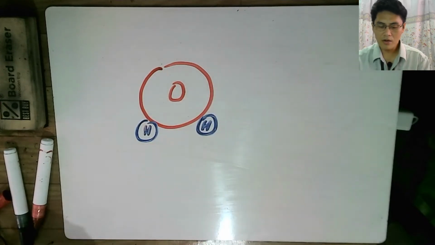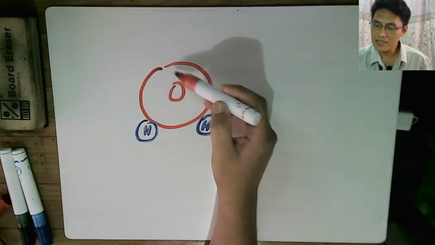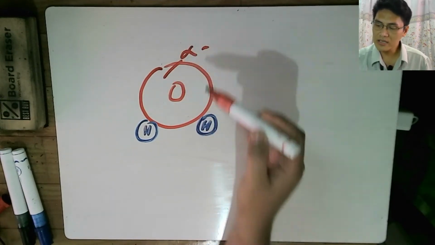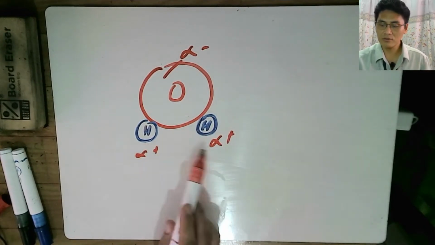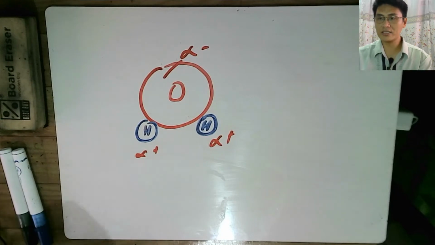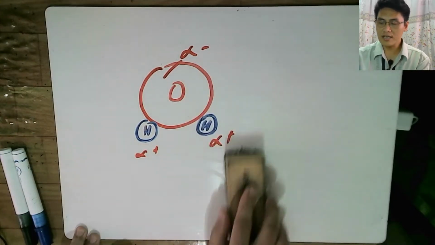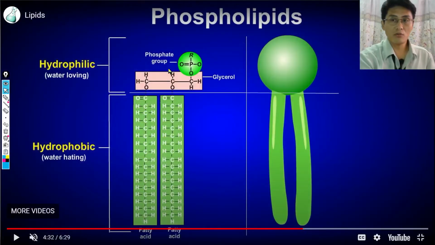If you remember your basic chemistry, because oxygen is very electronegative, this part of the molecule becomes partially negative, while this part becomes partially positive, right? Because the hydrogen is not electronegative. So oxygens tend to become polar whenever they are part of a molecule or make the molecule polar.